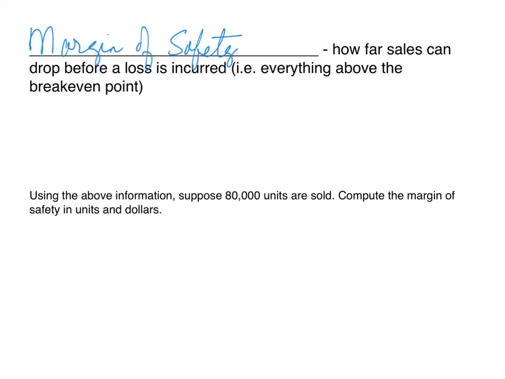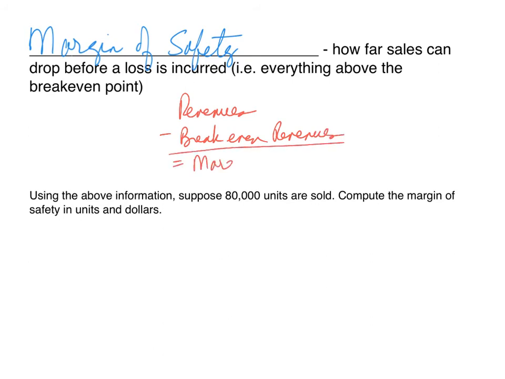So the margin of safety is basically how much your sales can fall before you begin to incur a loss. We can think about margin of safety in terms of revenues and break-even revenues by taking our normal revenues and subtracting our break-even revenues, and that will give us our margin of safety.